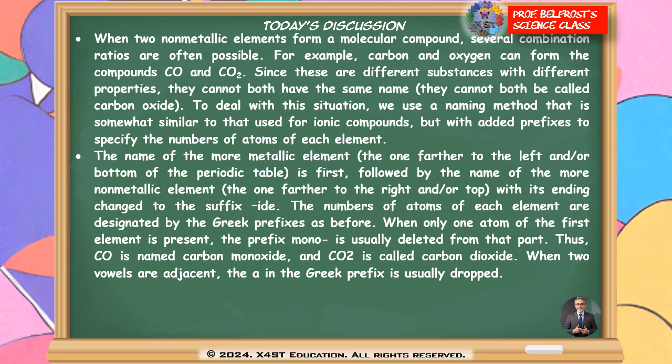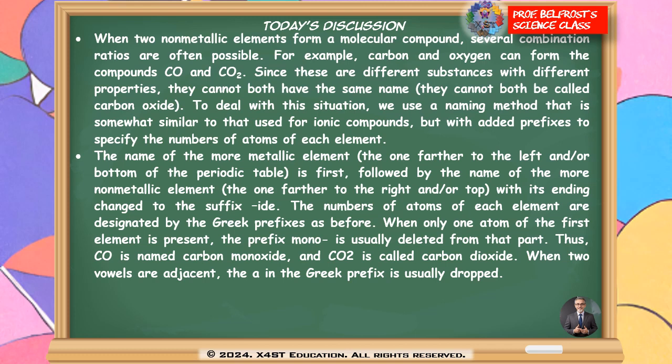When two non-metallic elements form a molecular compound, several combination ratios are possible. For example, carbon and oxygen can make CO or CO2. Since these are different substances with different properties, you need to distinguish them, so we have to designate a specific naming method for this.